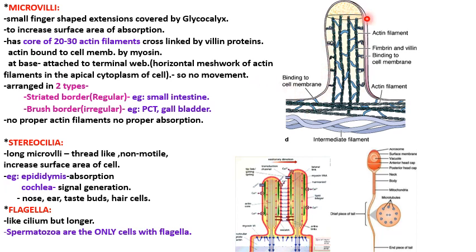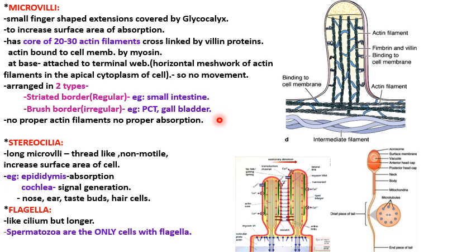And these microvilli are arranged in two types. If they are regularly arranged, they are called a striated border, which is a common feature in the small intestine. If they are arranged in an irregular way, not to the same height, some tall and some shorter, they are found in the gallbladder and the proximal convoluted tubule of the nephron.